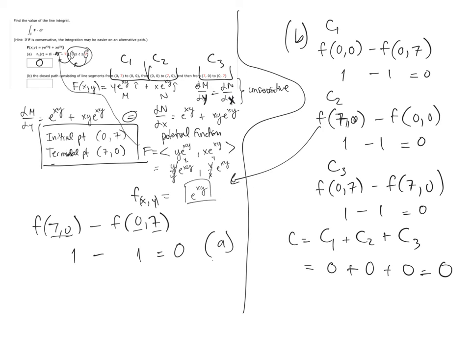So your answer for B will be 0 also. What I did here for C1, C2, and C3 is I took the terminal point plugged into the potential function minus the initial point plugged into the potential function. So that's it.